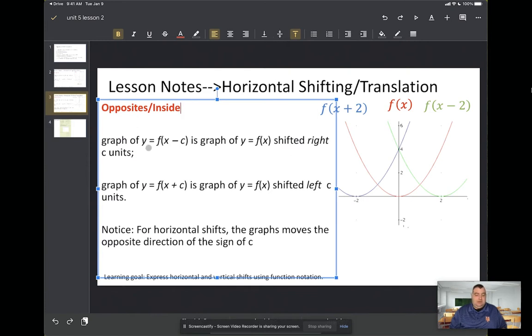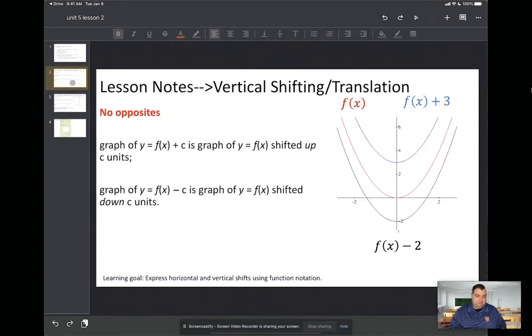So I gave an example here. Minus would normally mean shifting left if we're talking horizontally, but because we're doing opposites, the minus is actually going to mean a shift to the right. And same thing with positive.